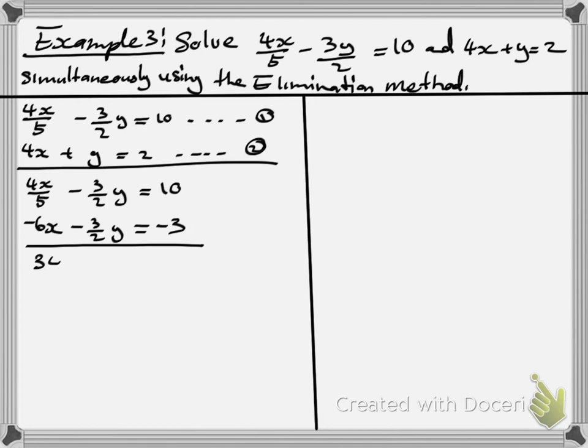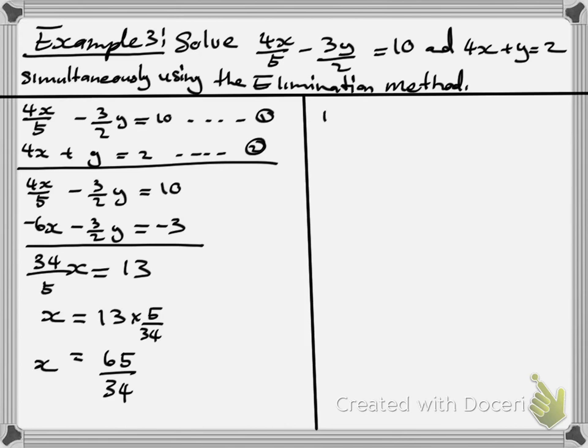So 4x over 5 minus 6x is going to give me negative 26 over 5 x, which will be equal to 10 minus 3, going to be 13. And then I solve for x. My x is going to be equal to 65 over 34.